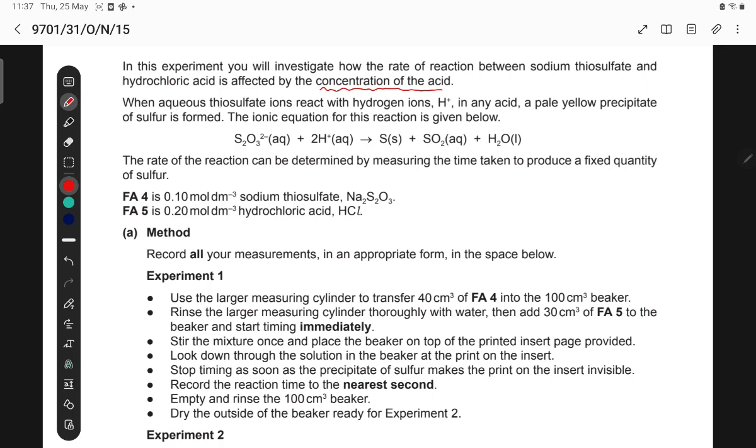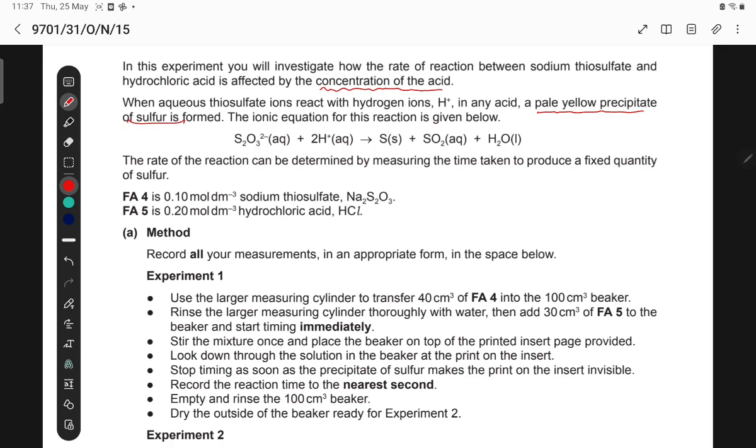When aqueous thiosulfate ions react with hydrogen ions in any acid, a pale yellow precipitate of sulfur is formed. The ionic equation for this reaction is given below. Sulfur dioxide, sulfur and water are formed when sodium thiosulfate reacts with hydrochloric acid.